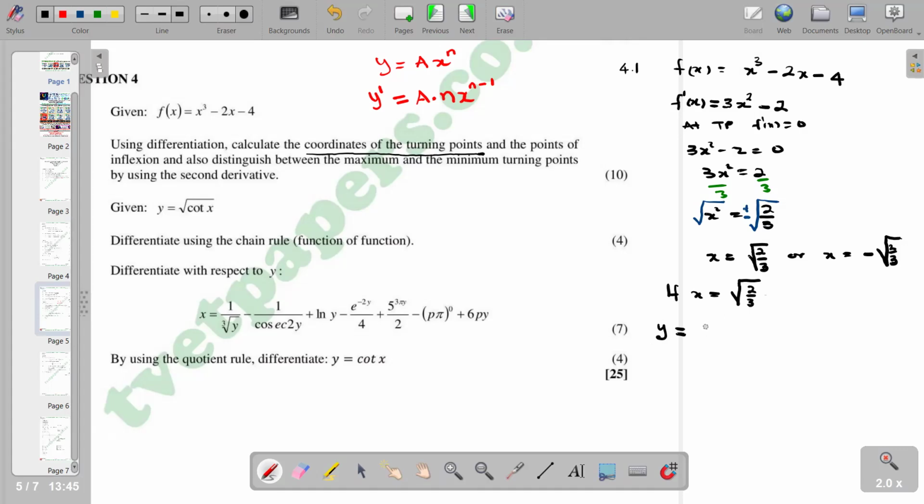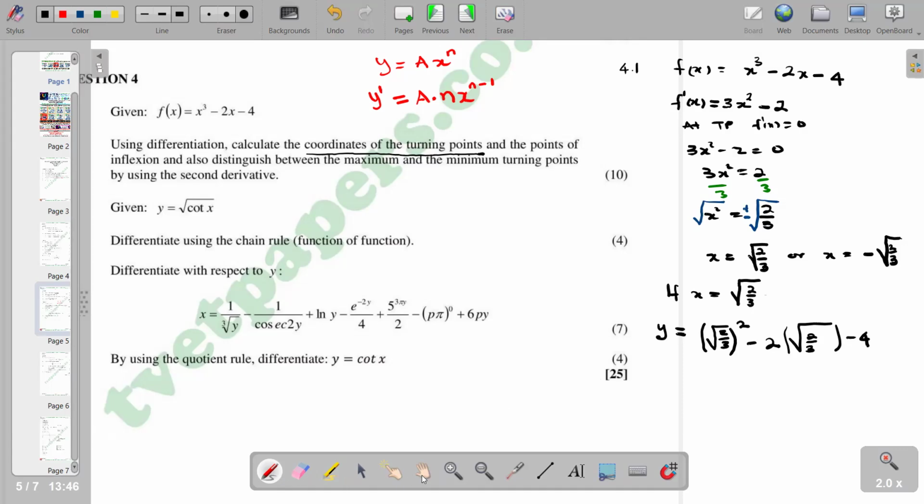So where there is x, we are going to put root 2 over 3. It's going to be root 2 over 3 cubed minus 2 multiplied by root 2 over 3 minus 4.